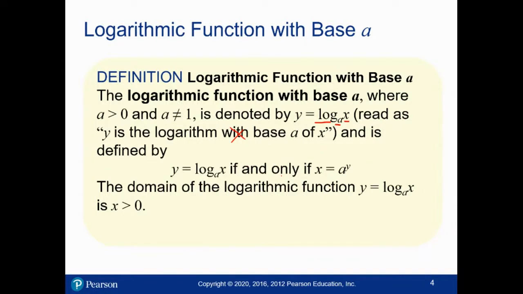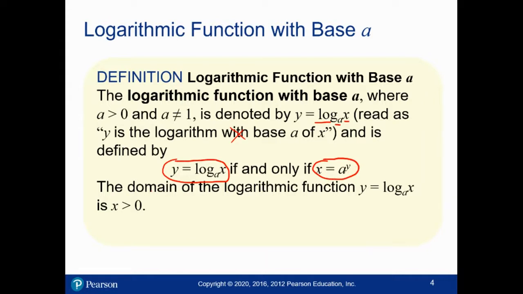And the relationship is that y equals log base a of x is exactly the same as saying x equals a to the y. So y is log base a of x means exactly the same as x equals a to the y.